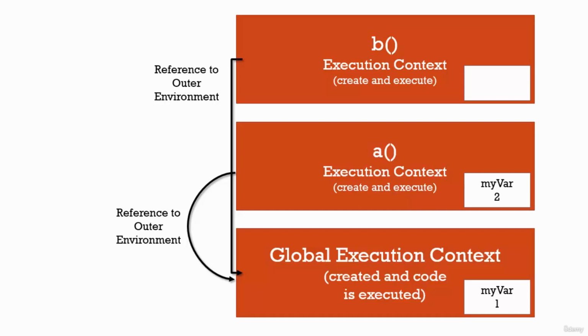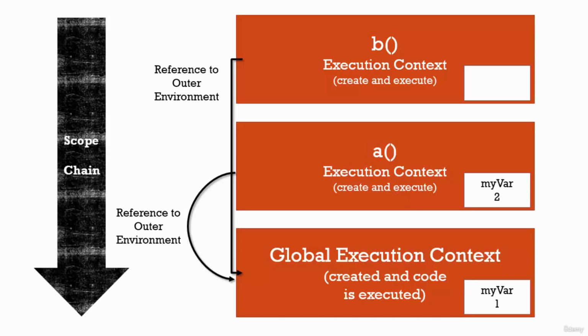So if I had several more functions calling each other, it would keep on moving down until it hit global, if those functions were defined inside each other, down those outer environment references until it finds it or doesn't. That whole chain is called the scope chain.